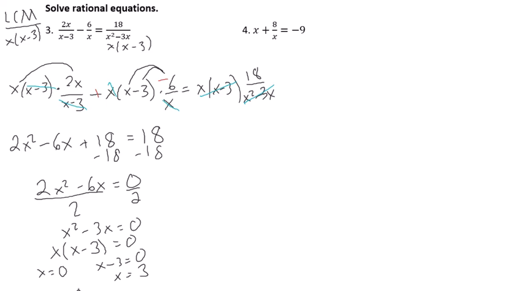If I plug in 0 right here into that 6 over x, 6 over 0 is undefined, so this is not a solution. Take x equals 3, plug that into x minus 3, that gives a 0 in the first fraction, so this is also not a solution. So we got two solutions, both of them were extraneous. So we would say no solution.